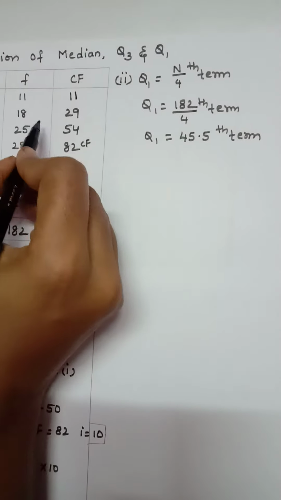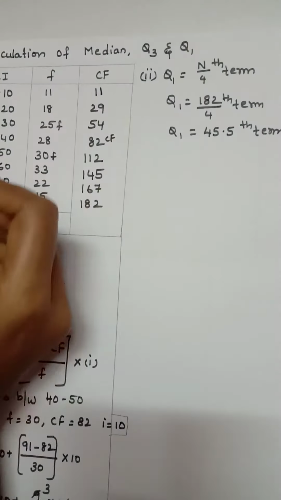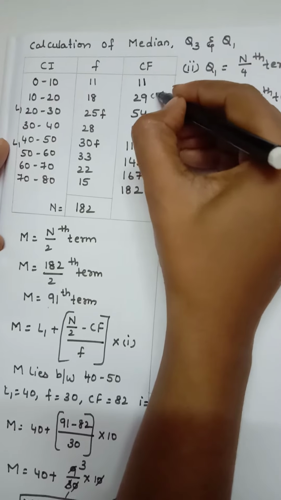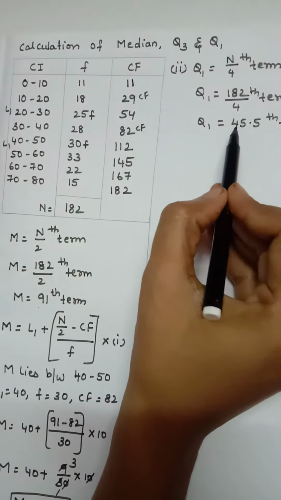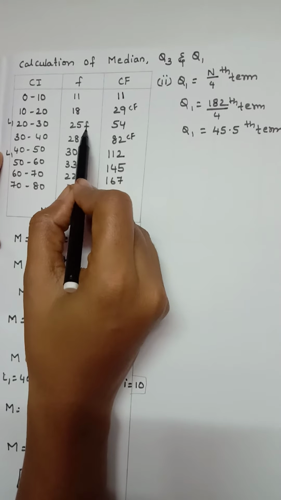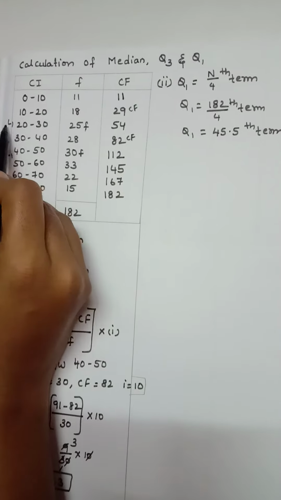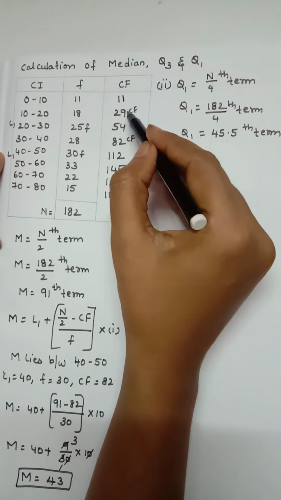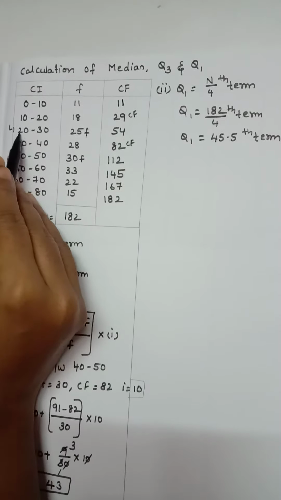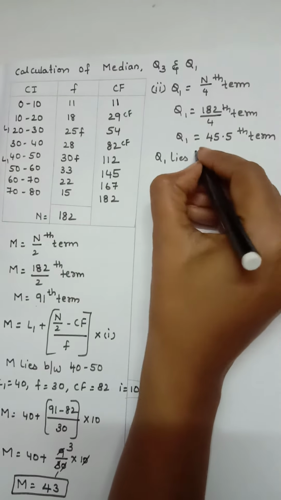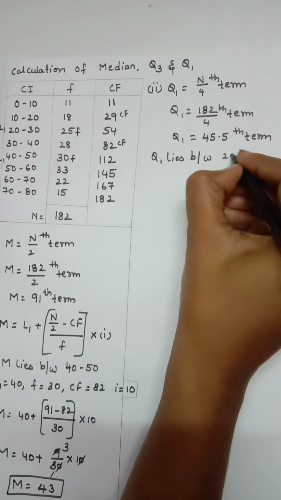So here 25 becomes F, 20 becomes L1, and the one above becomes CF. Once again, 45.5 is lying in 54, so I have taken 25 as the frequency, L1 as 20, and the one above as CF, 29. Q1 lies between 20 to 30.